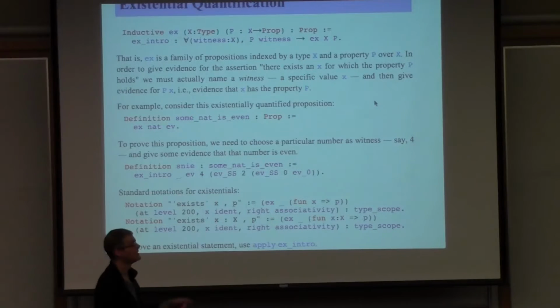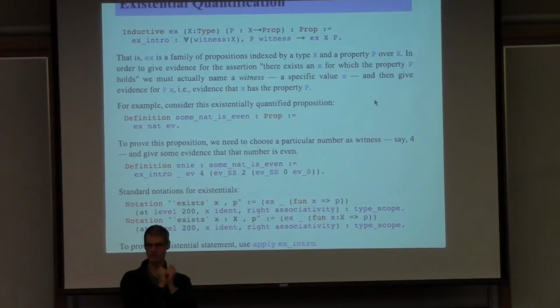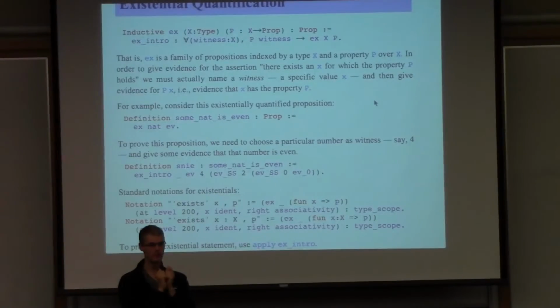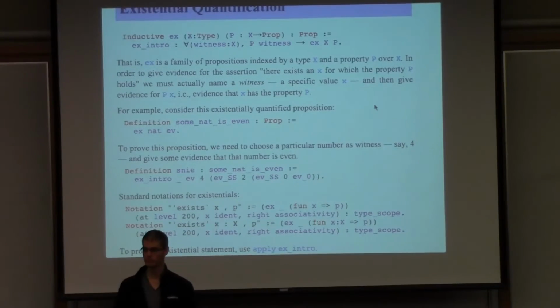This is saying that the type of the constructor is, for all witnesses, P of witness implies exists X, P. Okay, so the constructor can take any witness as an argument. But in order to apply the constructor, we just need to provide one. Thank you.